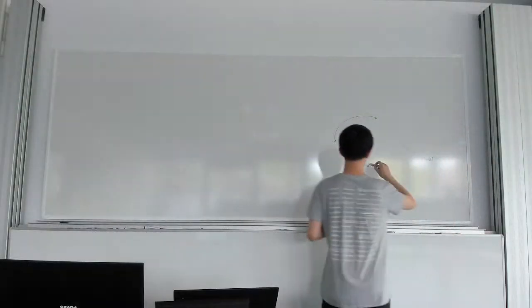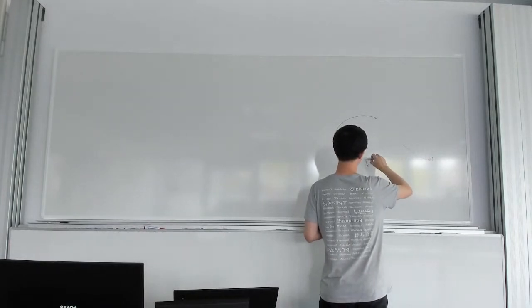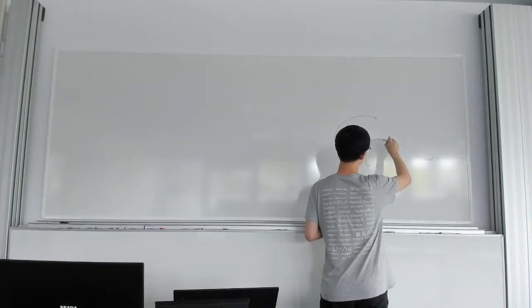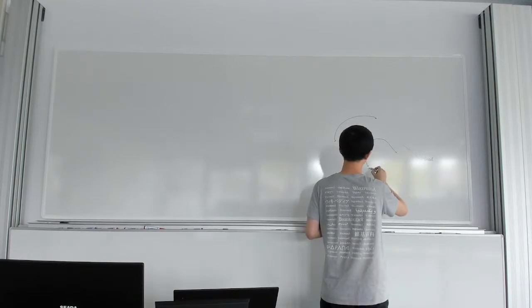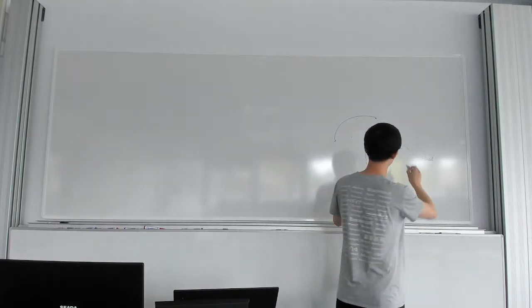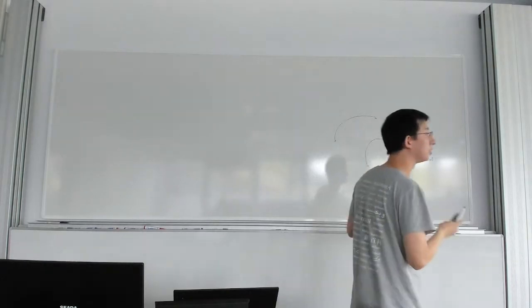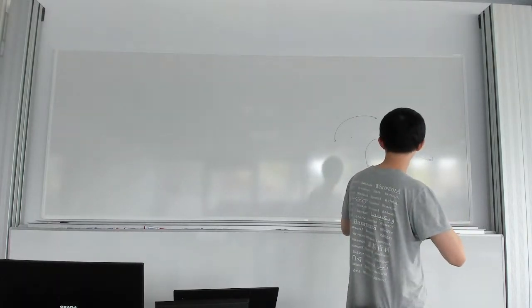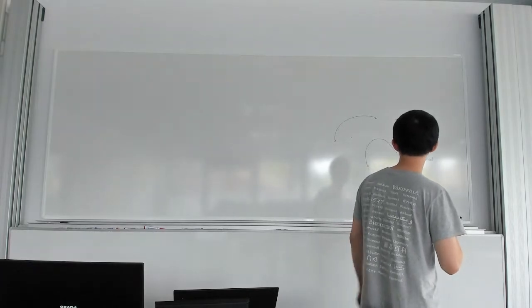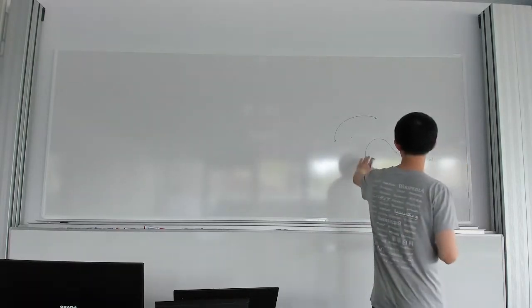This class of states actually leaves this plane except at theta equal to 0, which is here, and theta equal to pi. So why are these states not possible?